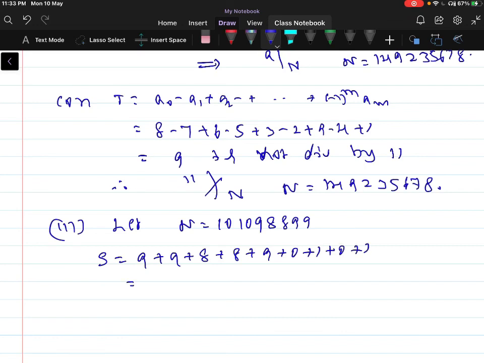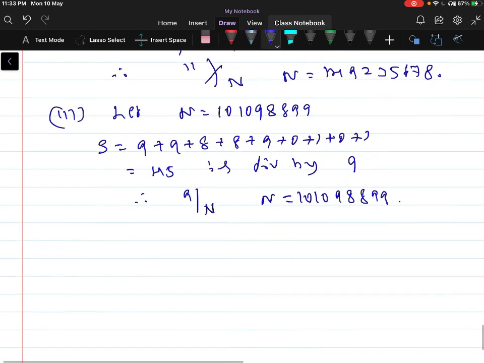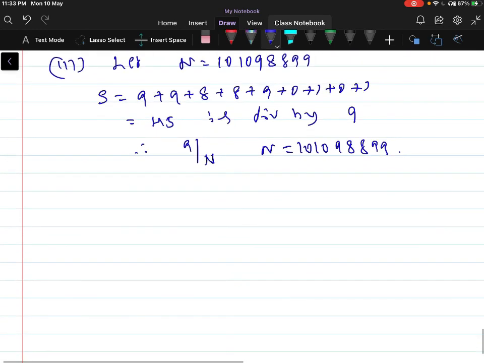So this is equal to 45, which is divisible by 9. So therefore this implies 9 divides the number n, where n is equal to 1010988899. So let us verify whether this integer is divisible by 11 or not.